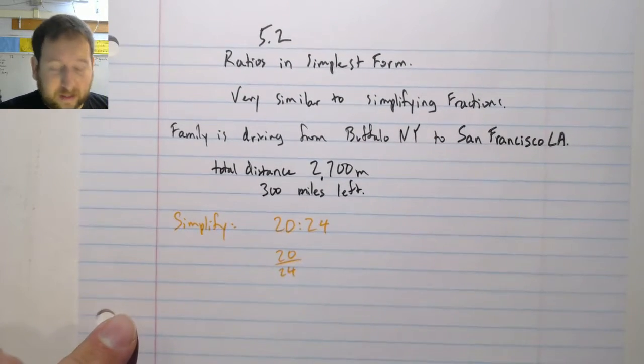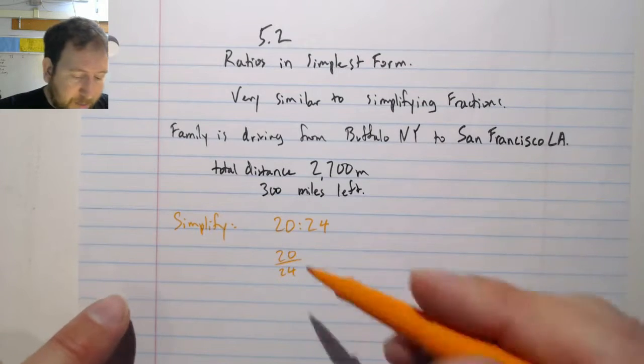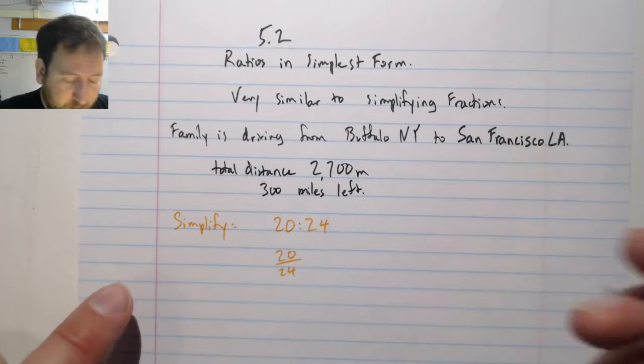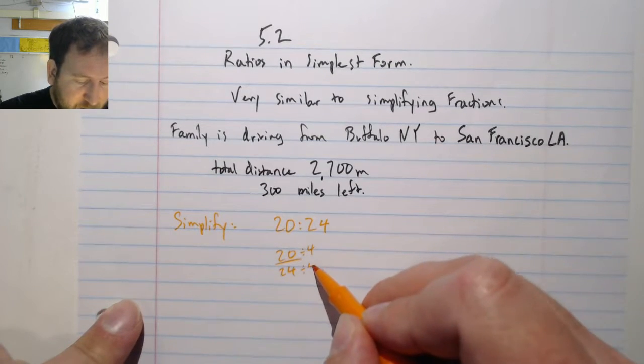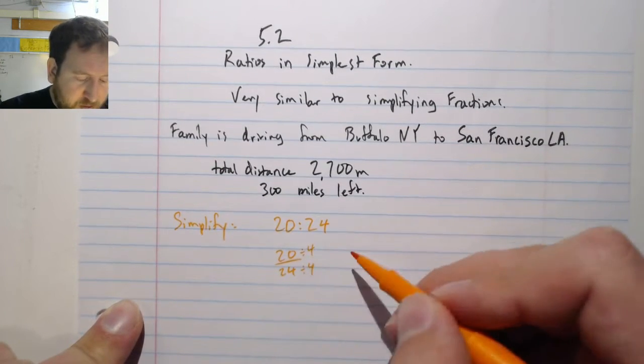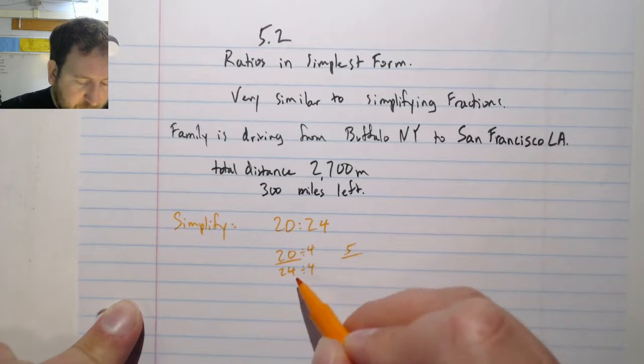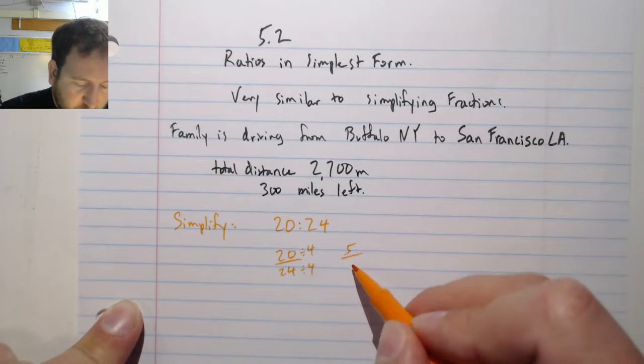I can definitely see that 2 would work here, but it also looks like 4 would work here. So I think 4 is going to be the better bet. It's going to save me some time. How many 4s are in 20? Well, 5. How many 4s are in 24?